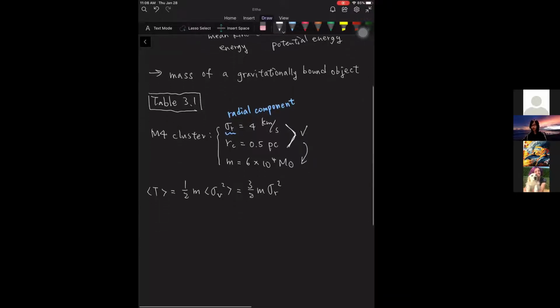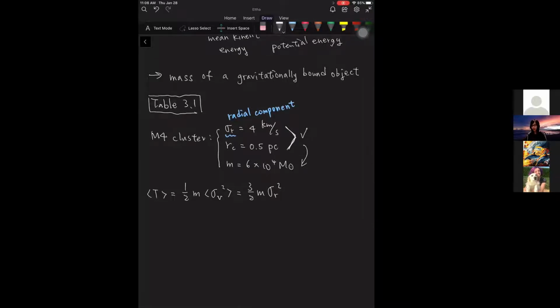And then we need the mean potential energy, which should be in the form of 1/2 times the sum of the potentials in this system.